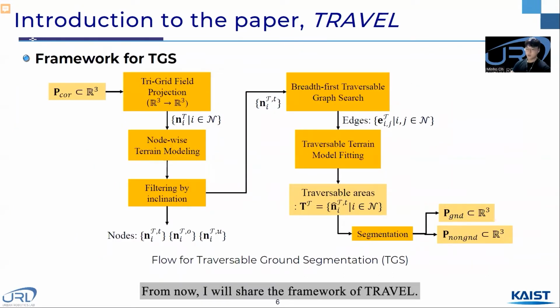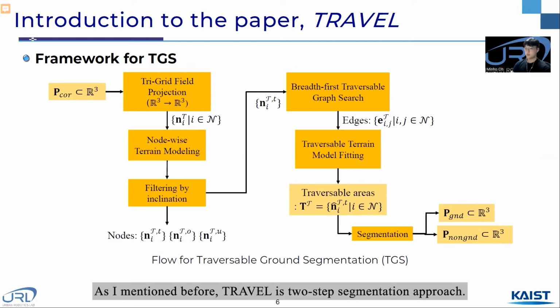And from now, I share the framework of travel. As I mentioned before, travel is a two-step segmentation approach, one for ground segmentation and the other one for object segmentation. And this flow is for the first one, ground segmentation, named as TGS.